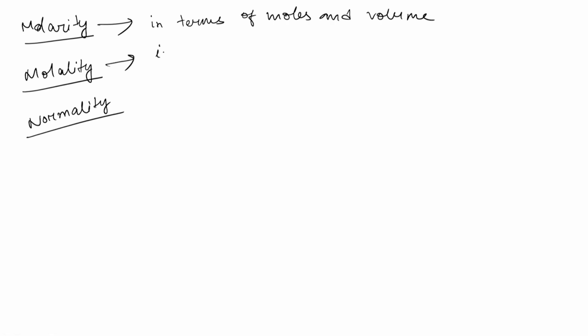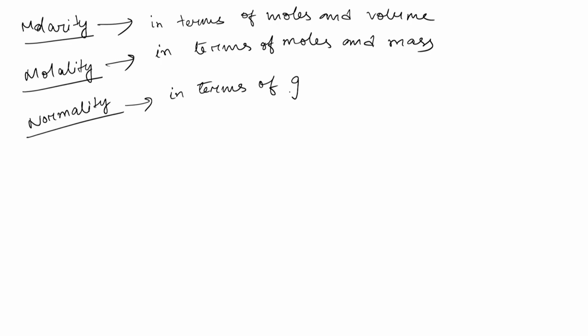Molality is measured in terms of moles and mass, and normality is measured in terms of gram equivalents and volume. So we will learn about gram equivalents also.